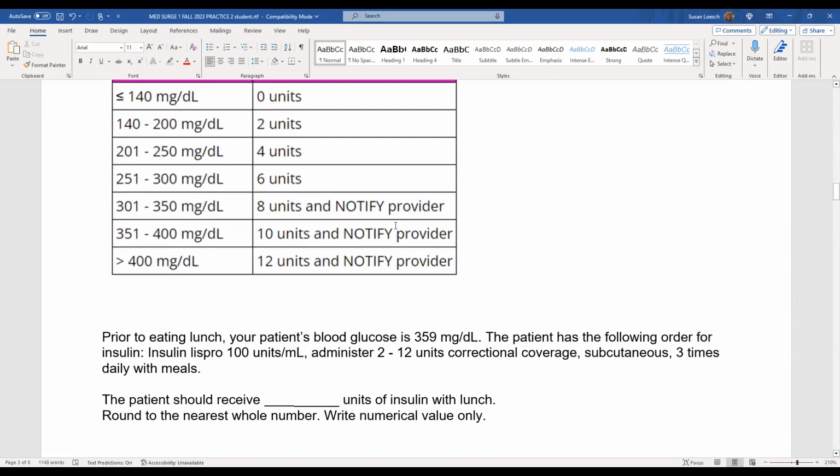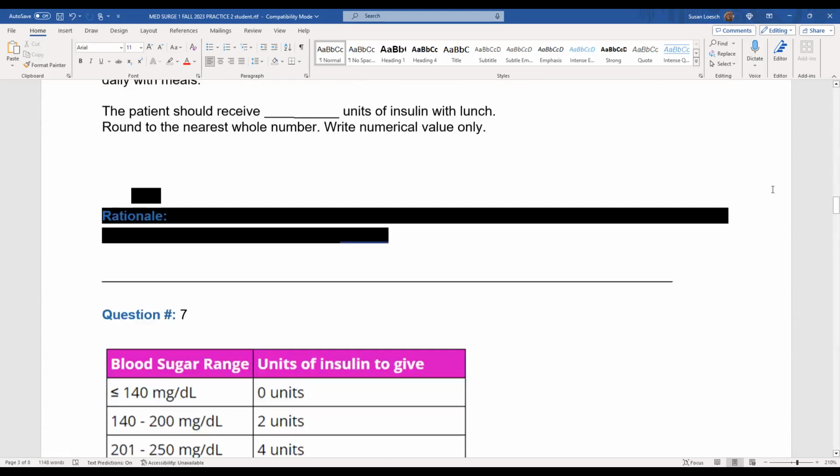Late nights, early mornings. All right, look at this one here. 10 units. Everybody good with that? Yes.